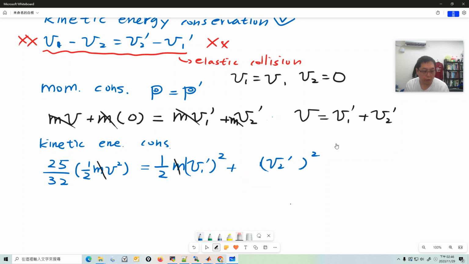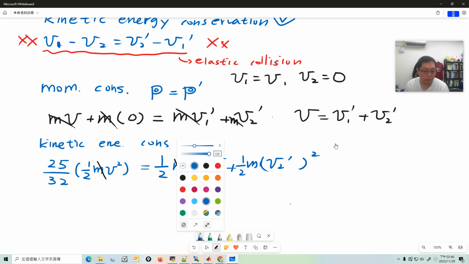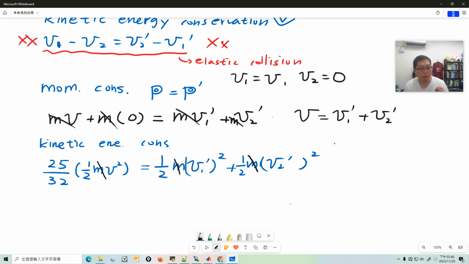I always write too fast. Dividing by 1/2 m, what will we be left with?